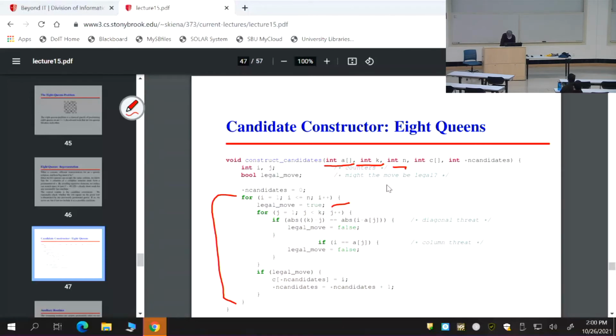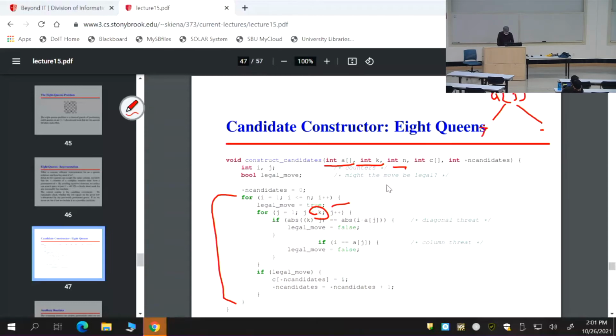Notice this goes up to k. Okay, I'm going to check all of my k queens and ask, does the jth queen, which is in position A of j, attack me j rows down?